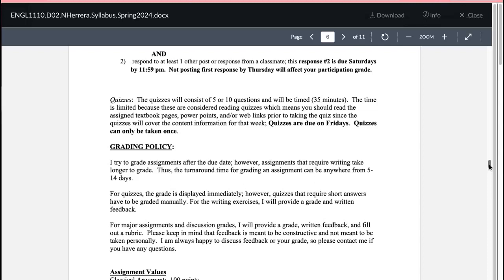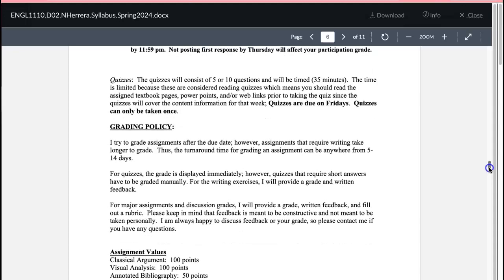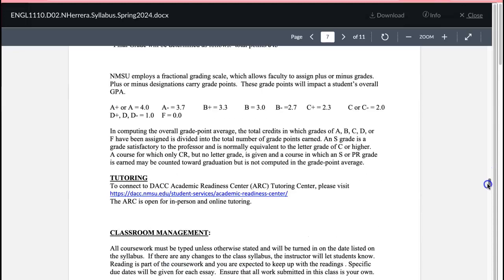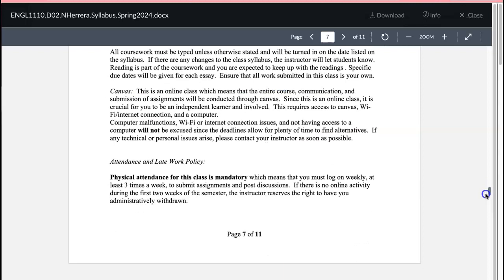As far as late assignments, I don't allow late assignments unless, of course, there's some sort of emergency or anything like that. Everybody does get a grace period. So basically what that means is that you get 1 day after the due date.